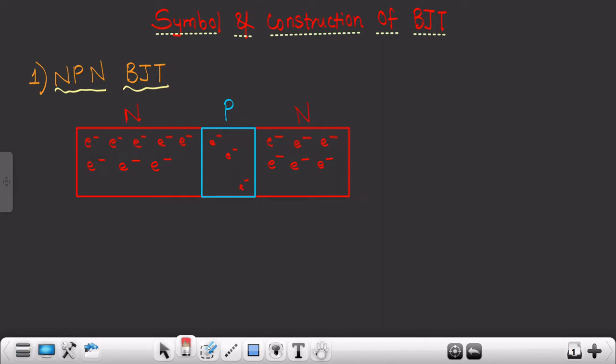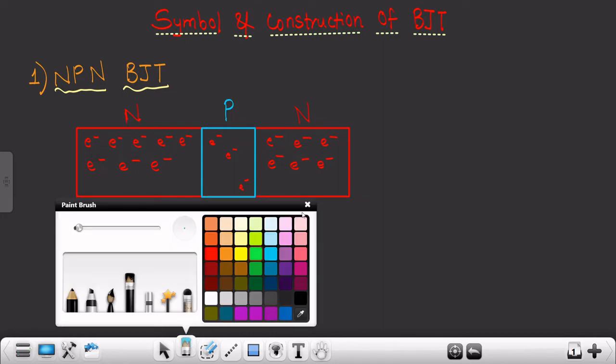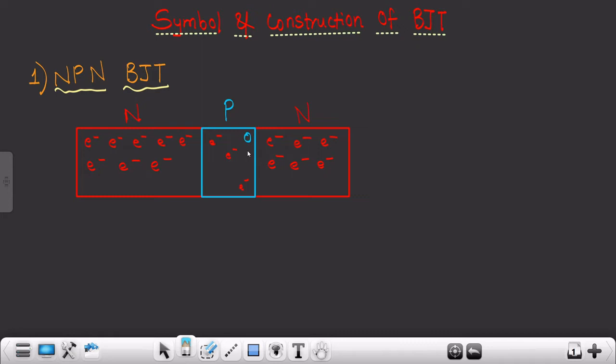Whereas P type has more holes, so these are the holes. P type has more holes as compared to N type, and N type has very few holes. Over here as well, very few holes, and that's why it is known as NPN transistor.